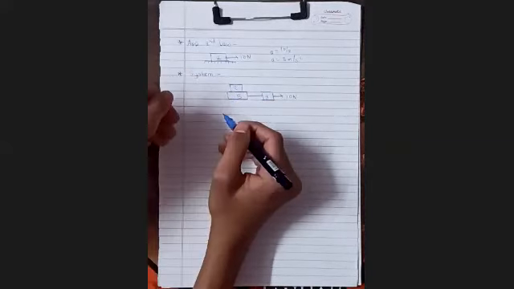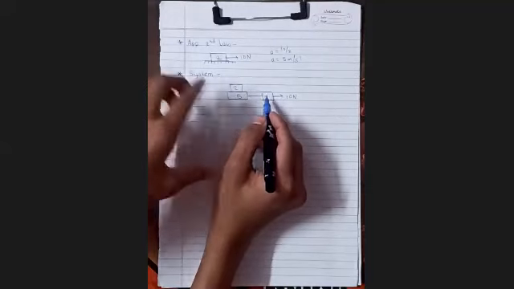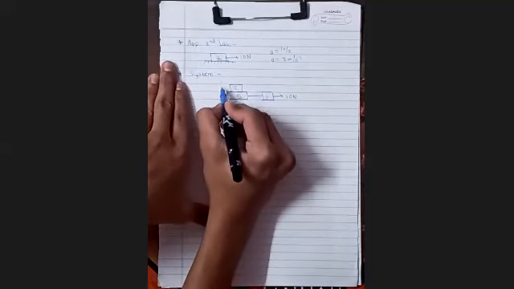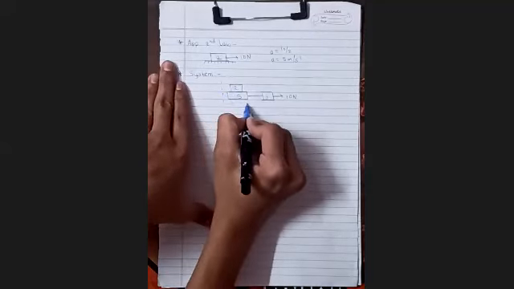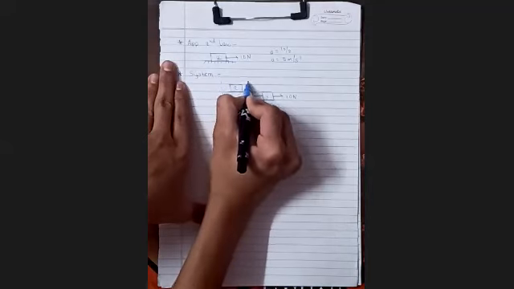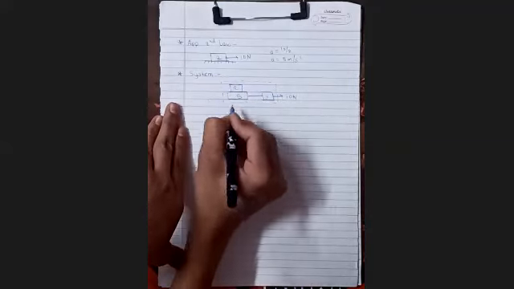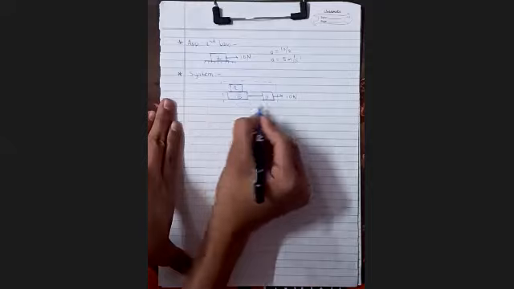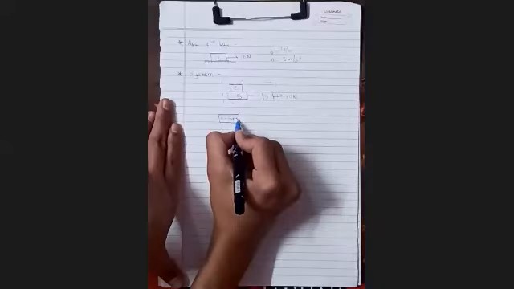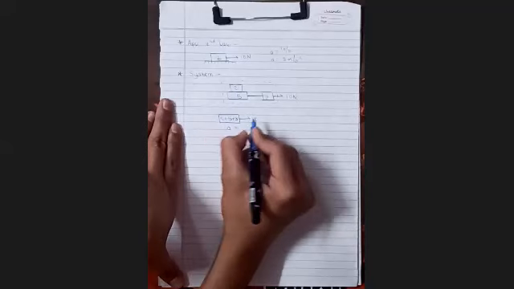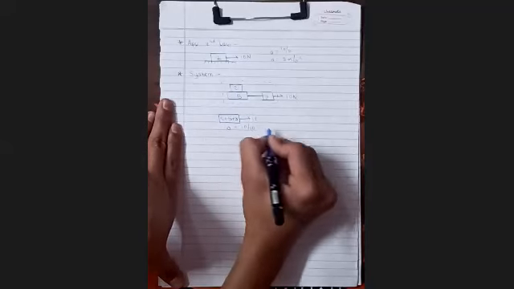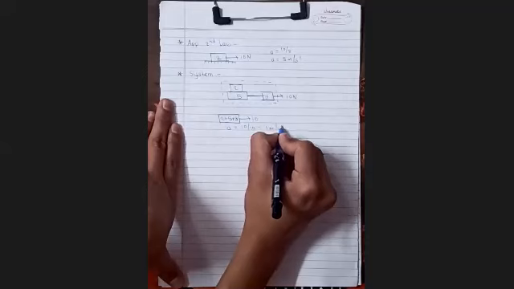It is very difficult to find acceleration by considering one block as the system. So we consider all the blocks as a system. The tension here is an internal force, therefore we neglect the tension. So from here we get the acceleration. This is a system and a 10 Newton force is applied. So here we get acceleration value 10 upon 10 equals 1 meter per second square.